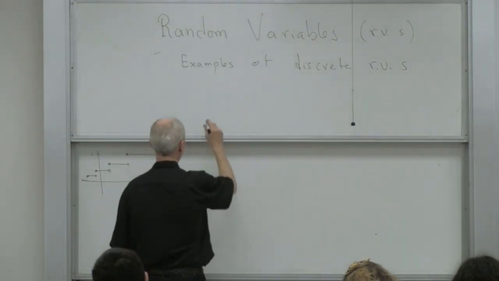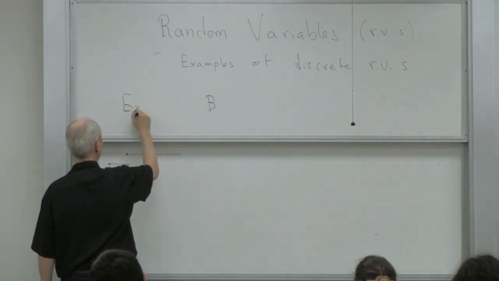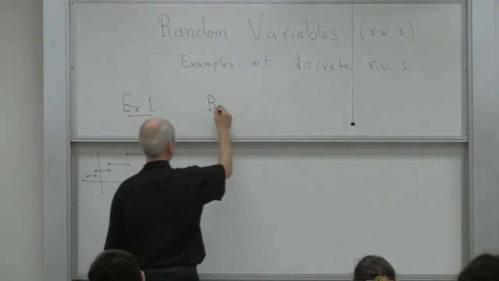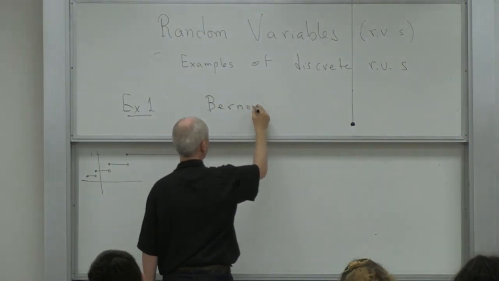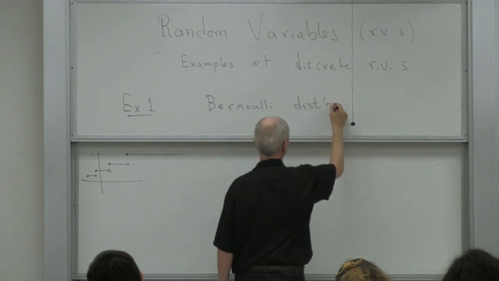Okay, so let's first examine examples of discrete random variables. The most basic example is called the Bernoulli distribution or random variable.